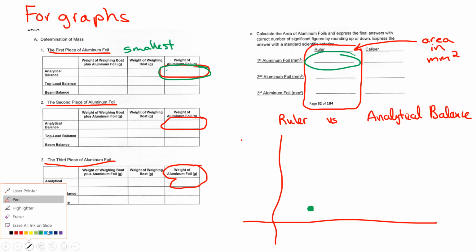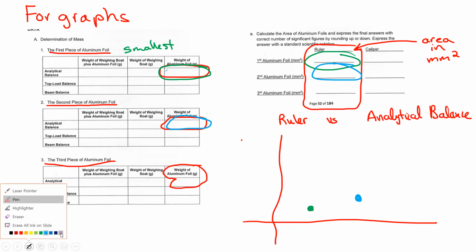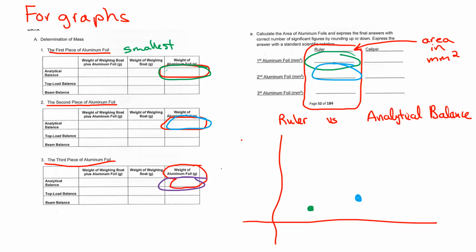Then you take this data point, your medium point, which falls somewhere along here. And then you'll have a third point for your largest piece.